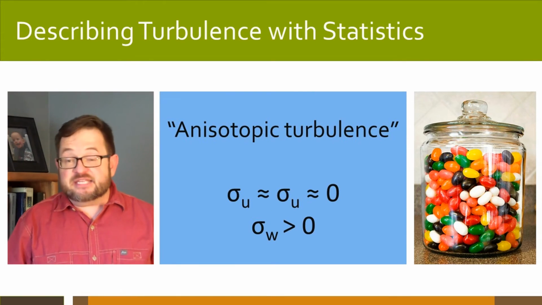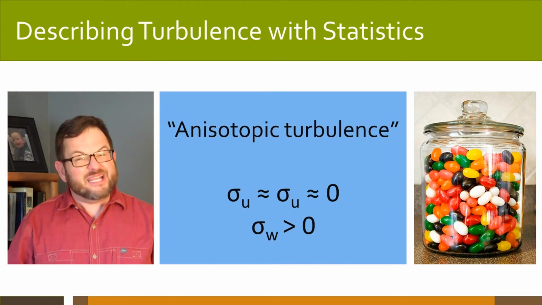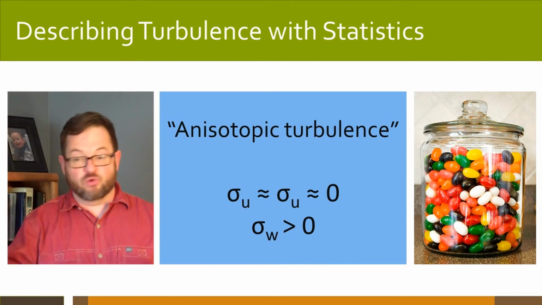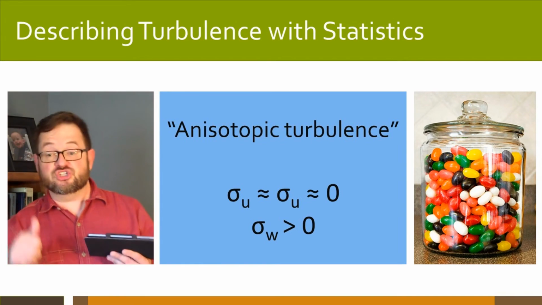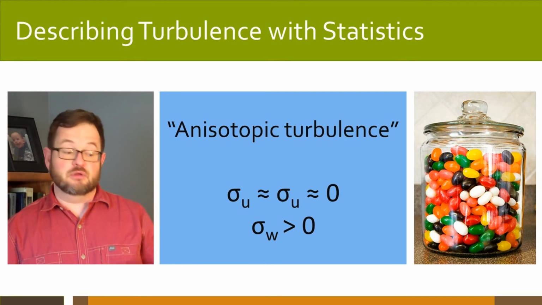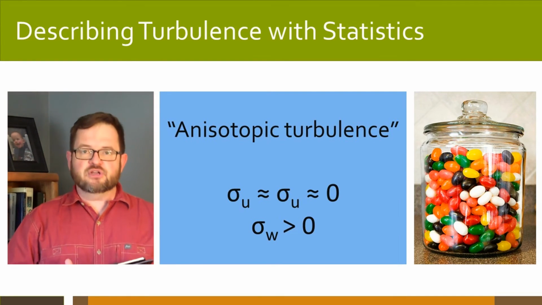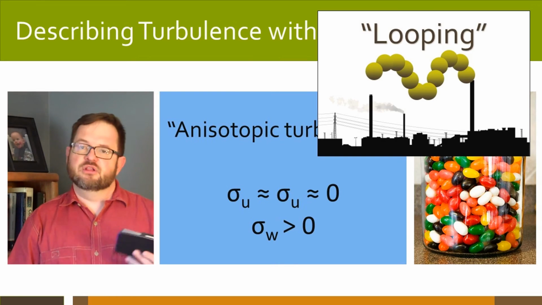Another example of an anisotropic type of turbulence would be the situation where there's not really all that much turbulence at all in the horizontal directions. So your variance or your standard deviation of u and your standard deviation of v are in the ballpark of 0. But there is vertical turbulence. And when you have that, you're going to get looping.